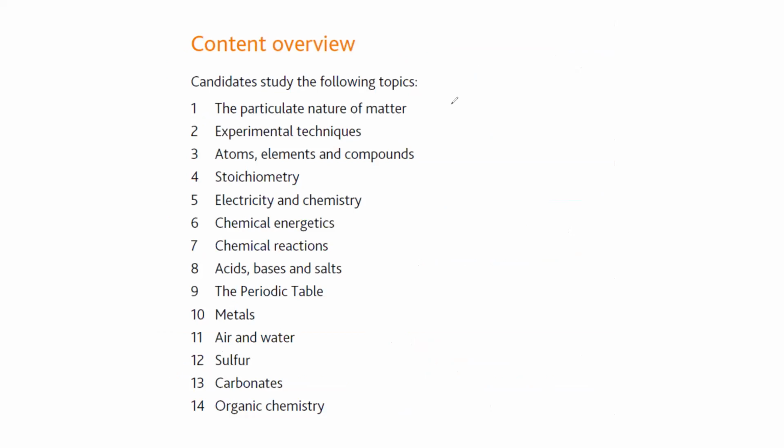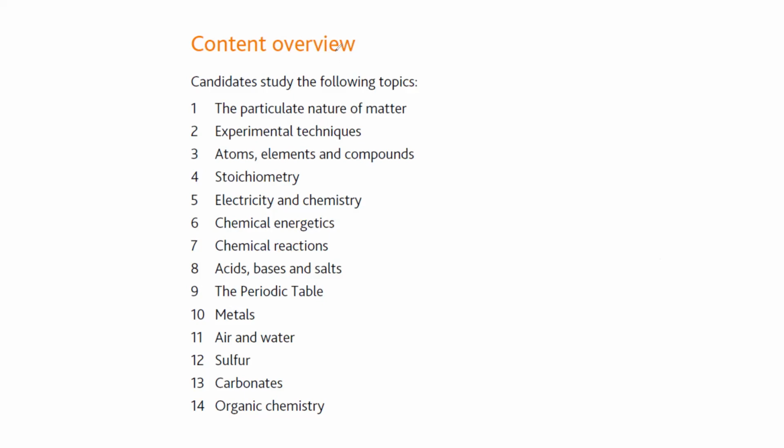So this is a content overview. Abdullah, you can select only paper 2, 4, and 6, not the other one. So you just have to select paper 2, paper 4, and paper 6.